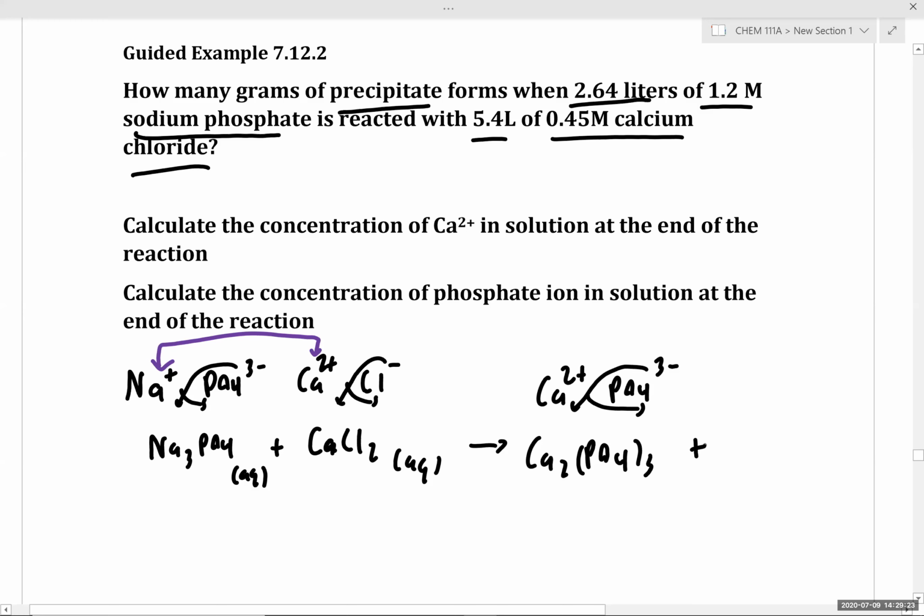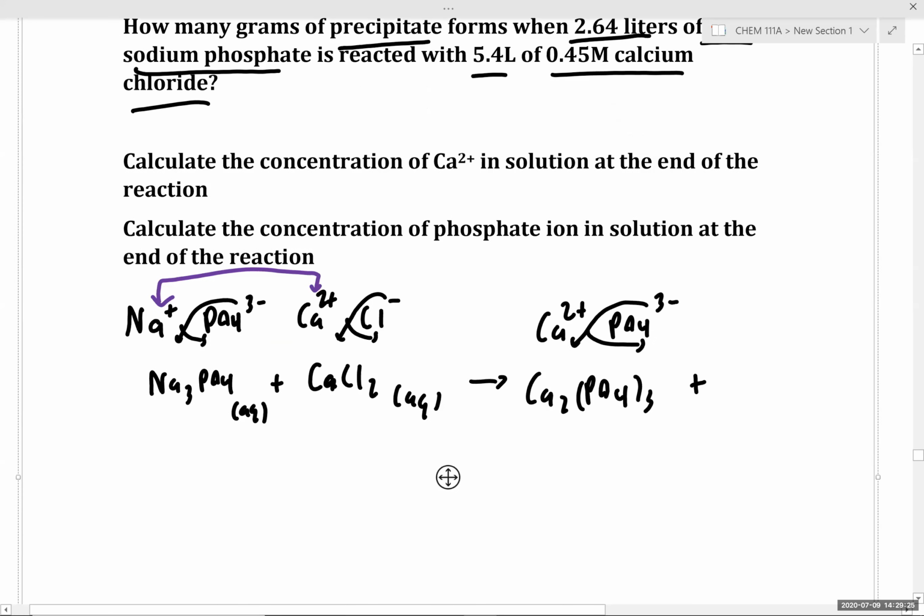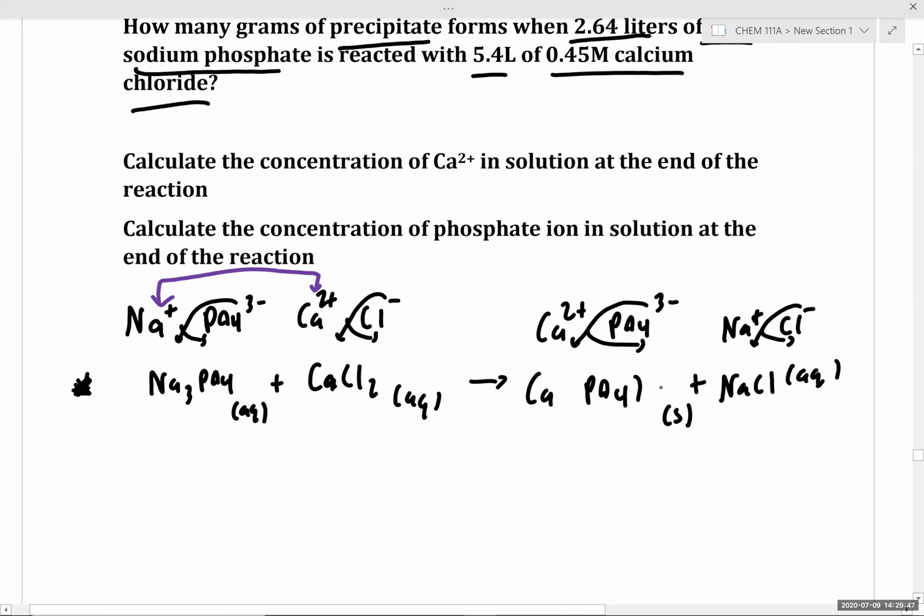And then for our second and final product, we have sodium plus and Cl minus. We cross our charges, that gives us NaCl. Calcium phosphate is a solid, sodium chloride is aqueous. This is using our solubility rules. Isn't it calcium 3? Oh, yep. Calcium 3, phosphate 2. Yep.